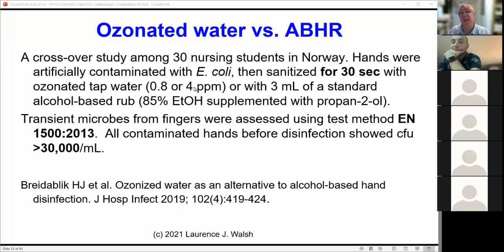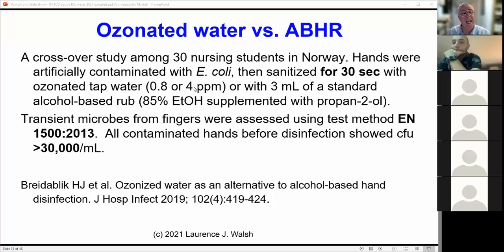And it was a crossover study, which meant that some of the students used one protocol and then switched over to the other, and vice versa. So they could then track the efficacy in individual people. And that turned out to be a really, really neat way of doing the analysis. It's not new. I was involved in research into alcohol-based hand gel when I was a postdoc in North America. I spent some time working in a medical school at the University of Pennsylvania.